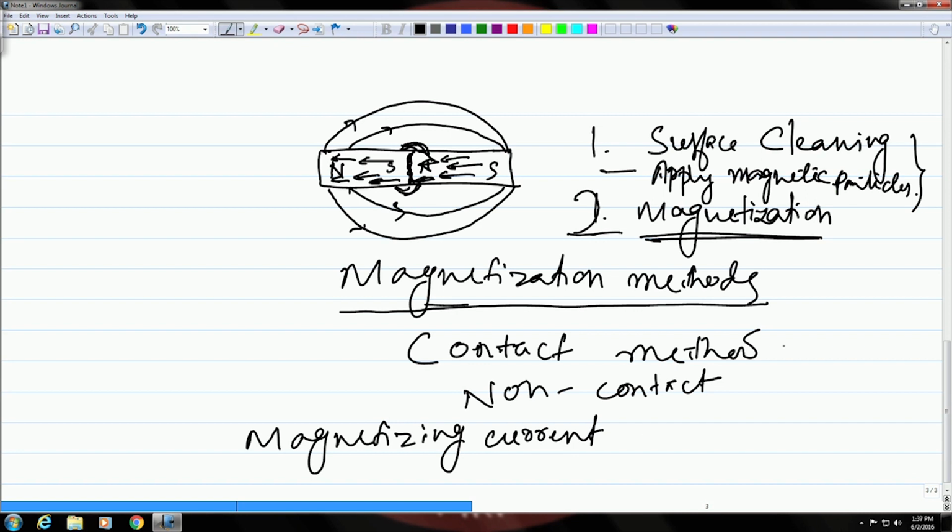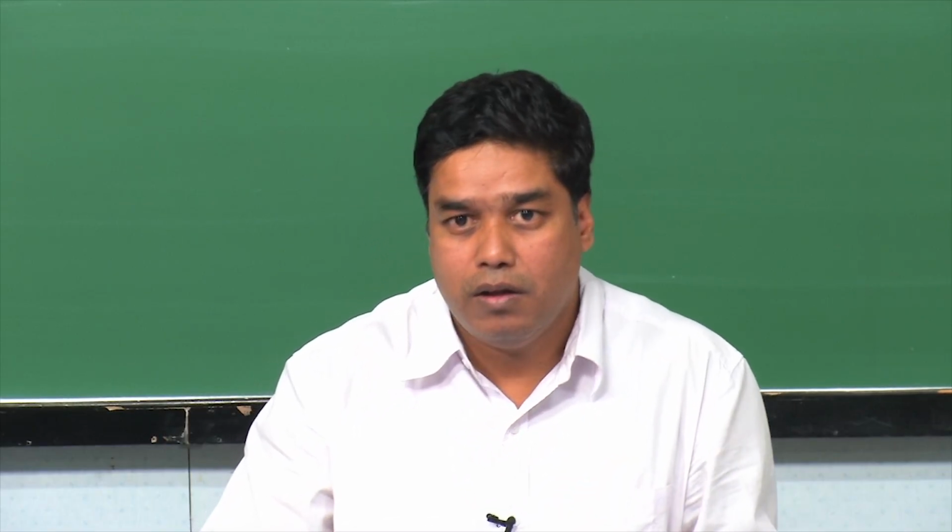Okay. So, in case of contact method, the magnetic current directly flows through the part. And in case of non-contact method, you can use induction. So, you can use a coil or you can use a solenoid kind of thing through which you can induce the magnetic field into the part.